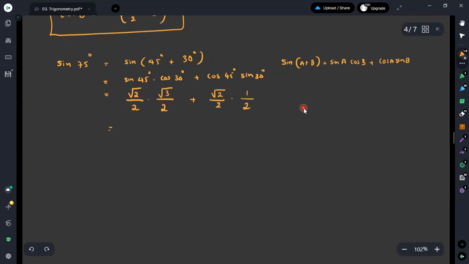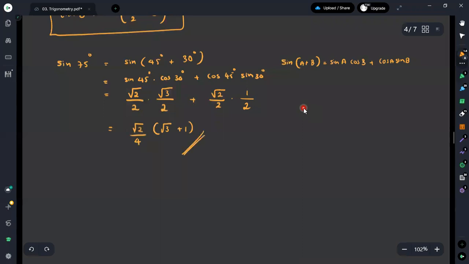Once you perform this calculation, I can take the root 2 from the above, and multiply the 2 with 2 for the below. Then we get root 2 over 4, and the remaining is root 3 plus 1.